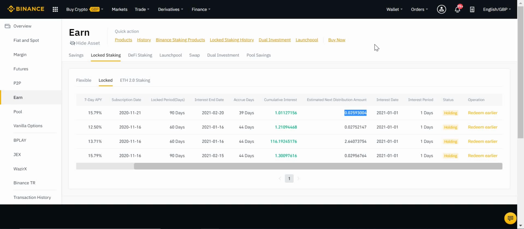Why not make a return on the crypto that you have sat there doing nothing? And look at these percentage rates. Look at 15, up to 30% on some cryptos. And don't forget, in that example I gave with the sushi, I lock in 100 sushi, and for every 30 days, I get 2 free sushi.